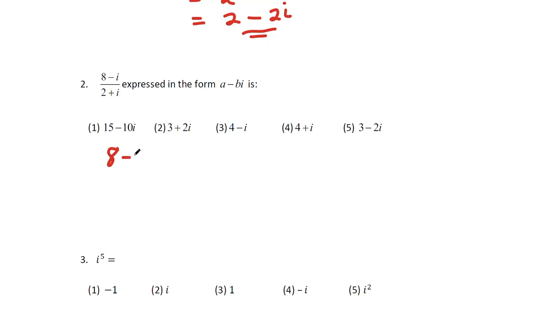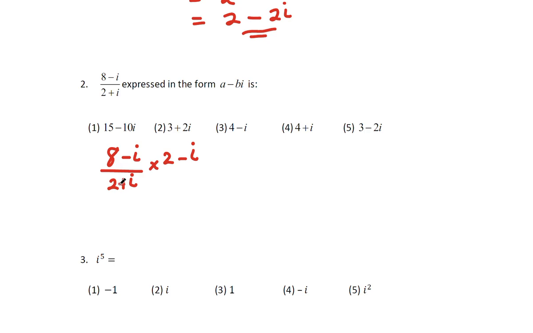So here we say 8 minus i over 2 plus i. To express this in the form a minus bi, what we're going to do is multiply both the numerator and denominator of this complex number by the conjugate of the denominator. And the conjugate of the denominator is simply expressing the denominator with the inverse sign for i.